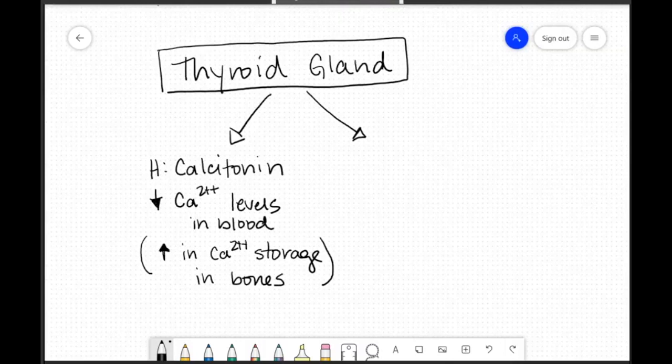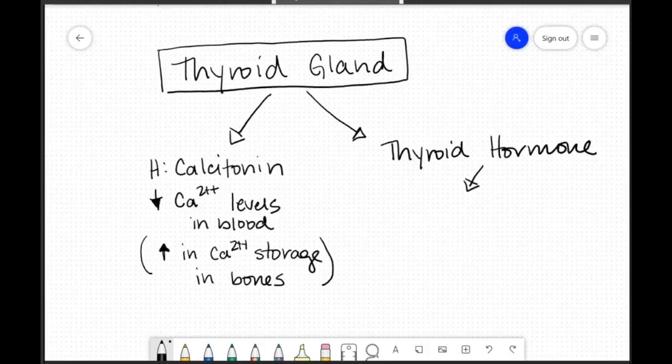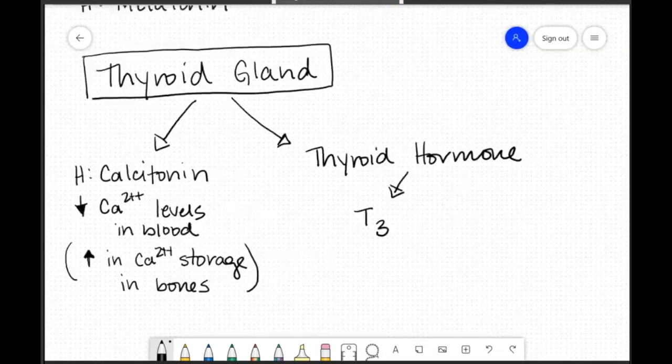The second hormone from the thyroid gland is a category called thyroid hormone, and that is super easy to remember. Thyroid hormone is going to be broken down into two. You're going to have one called T3, and then a thyroid hormone called T4.